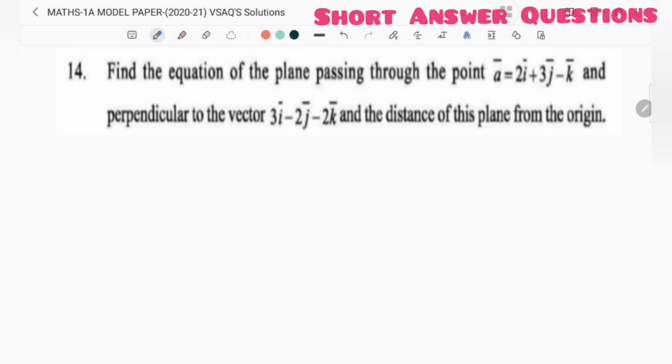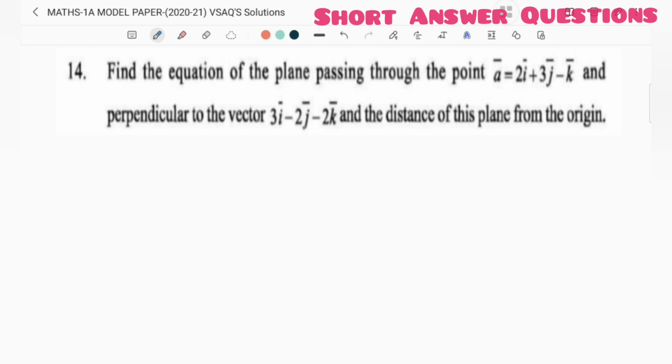The next question: find the equation of the plane passing through the point A bar equal to 2i plus 3j minus k and perpendicular to the vector 3i minus 2j minus 2k, and calculate the distance of this plane from the origin.